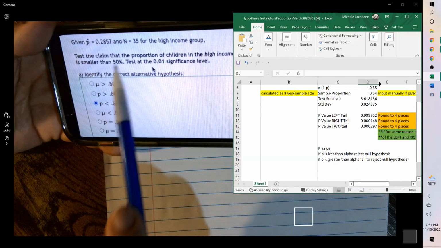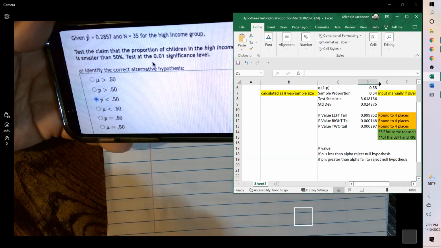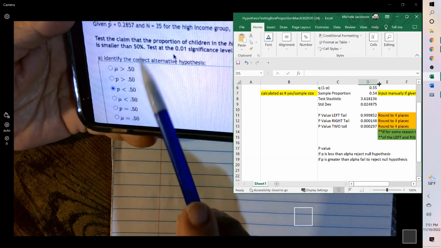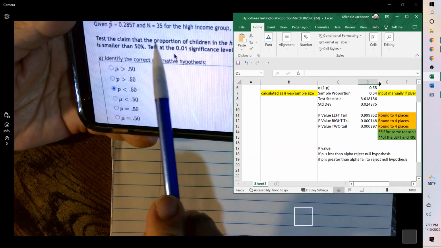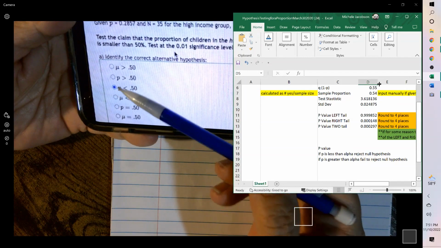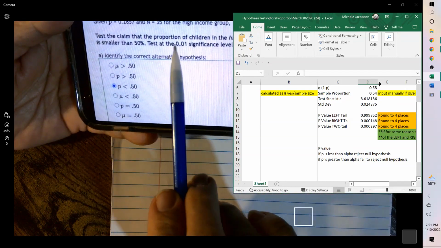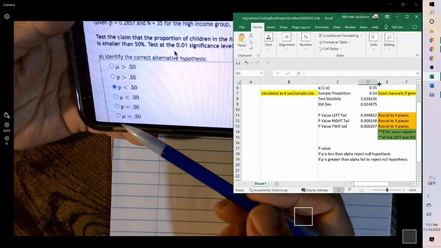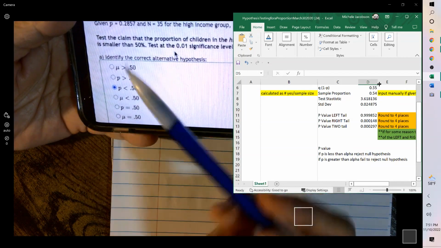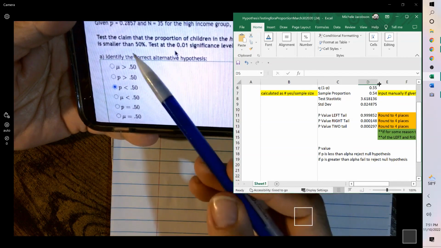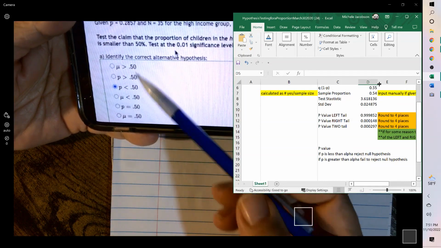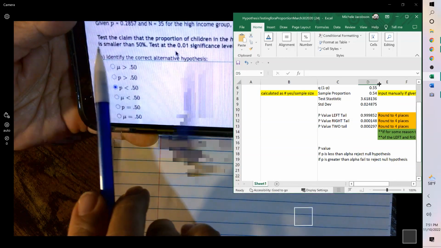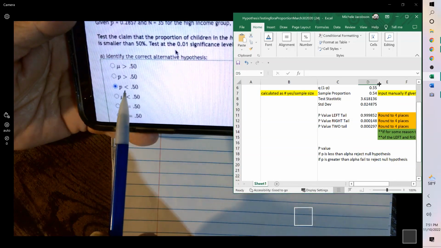Smaller than 50% would be less than 0.5. The reason it's proportion is because it says proportion here, so we use P. If it said mean number of children, then we would use mu. Proportion uses the P. 50% is a decimal, 0.5, and since it says smaller than 50%, you use the less than.